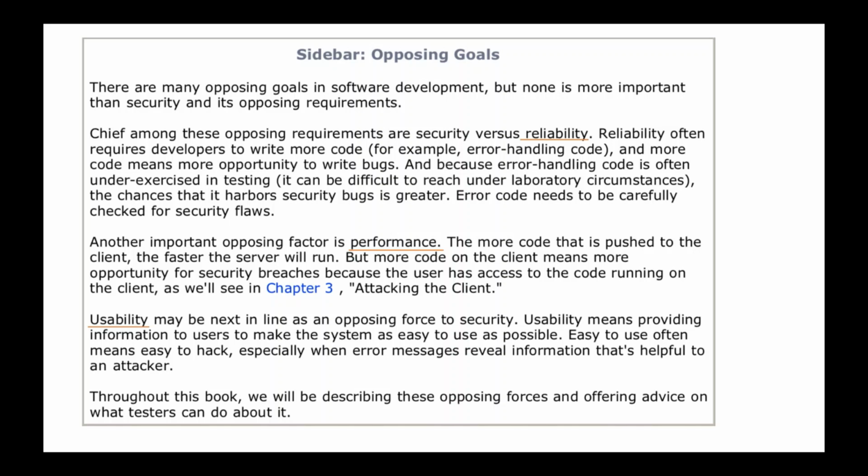Reliability means the developer needs to write more code. The developer tries to handle more errors in more detail, so more code will be written. There is more possibility of having more bugs, but this is not the real thing we worry about.